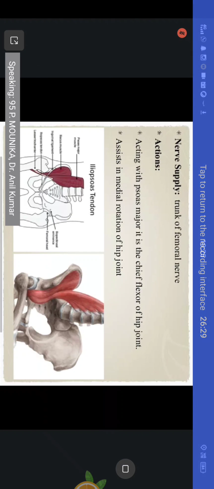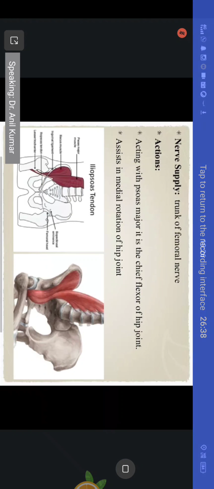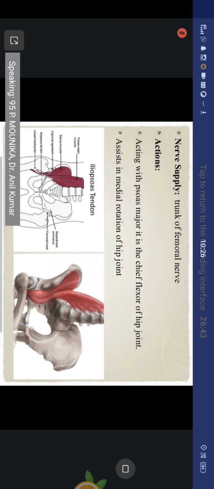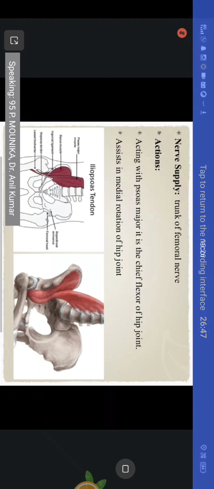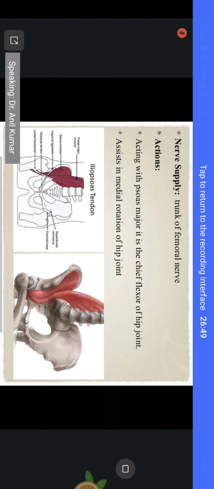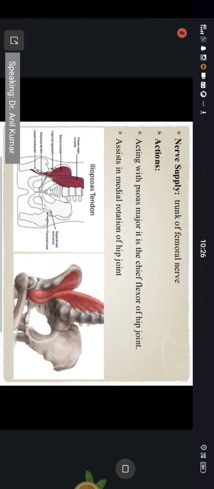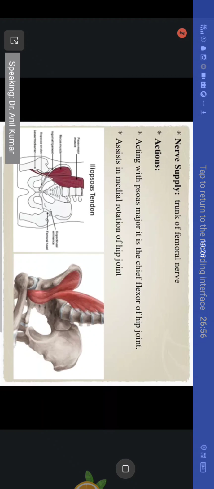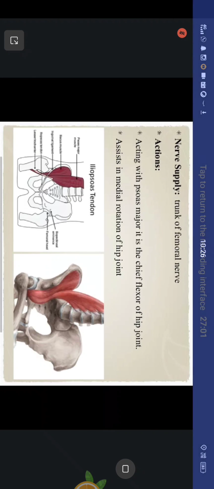Medial boundary is formed by the medial border of the adductor longus muscle. Good. After this, what about the apex? Where the medial border and lateral border meet, that forms the apex and continues as the adductor canal, or Hunter's canal, or subsartorial canal, because that canal passes below the sartorius, so the name subsartorial canal.